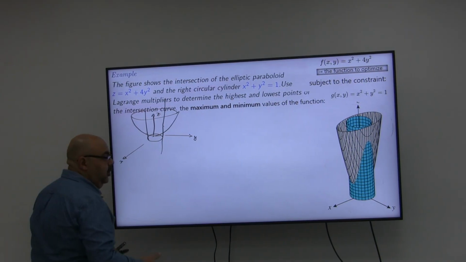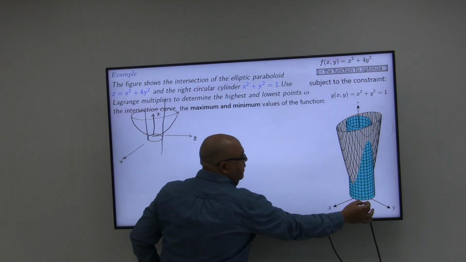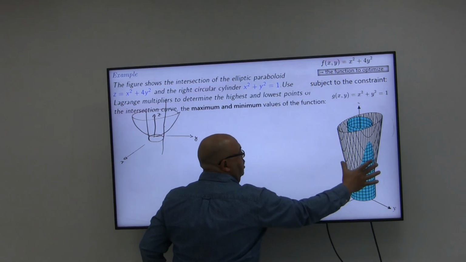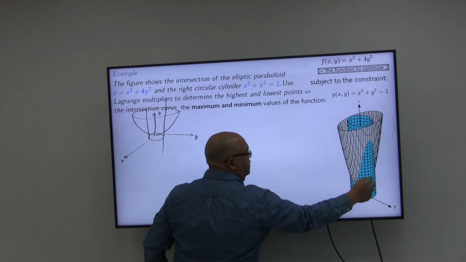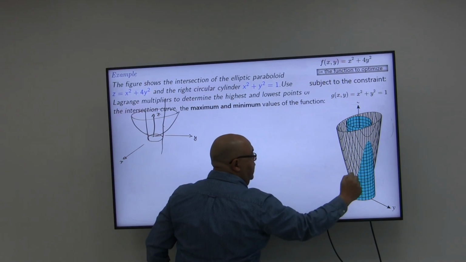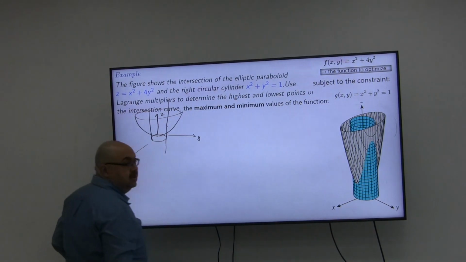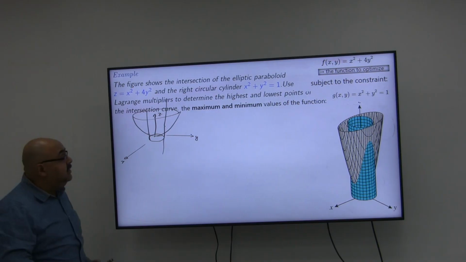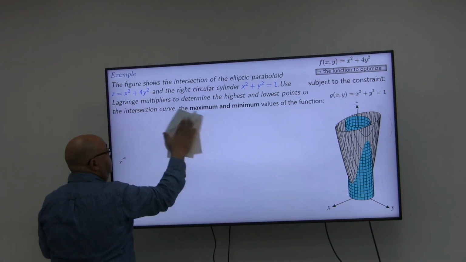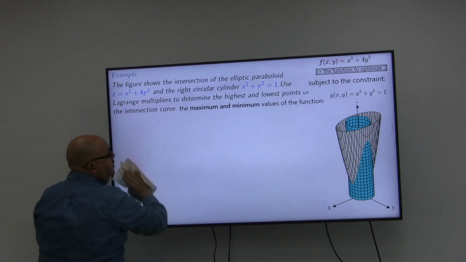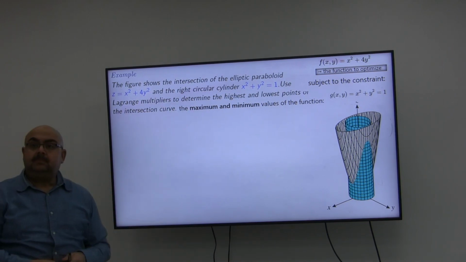That's the paraboloid, as you can see, Miss Nada, coming out of the 0 and starting to open. And that's the cylinder inside it, and the part that will contain the intersection is the unit circle. So now I have identified the function to be optimized and the condition, which is the circle.